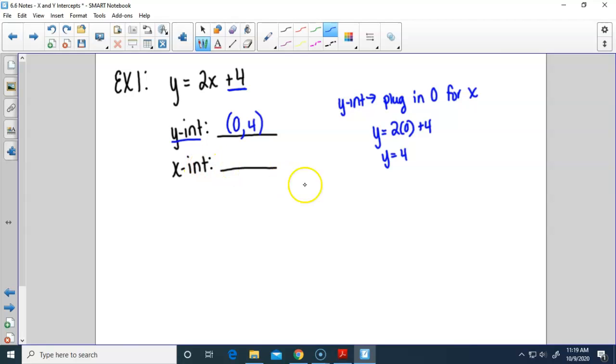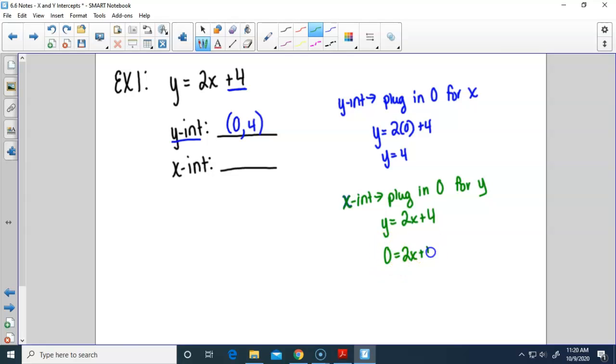For the x-intercept, let me use a different color. We're going to plug in 0 for y. We've got y equals 2x plus 4 as our equation, so we replace that y with 0: 0 equals 2x plus 4.